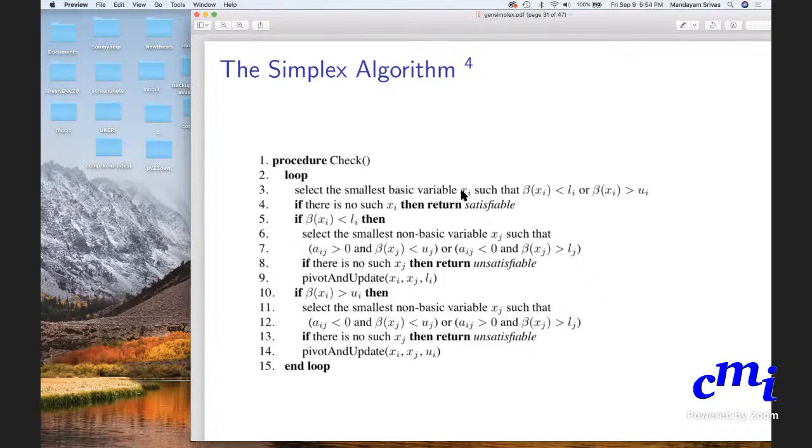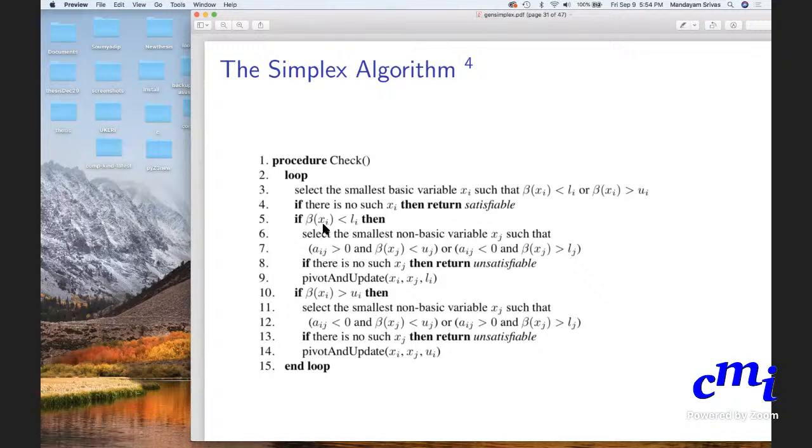It always satisfies its bounds. So you only need to check if there are any variables in the basic set that violate. If there's no such variable, then you know that all the variables in N union B satisfy their constraints, and therefore you can return satisfiable.